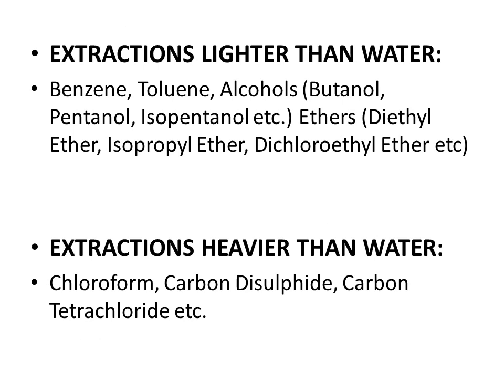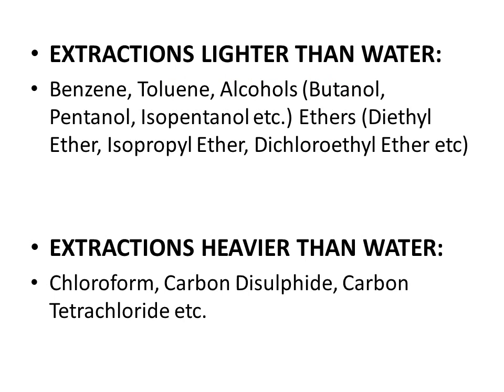In this slide we are going to discuss the densities of the two phases, that is, which solvent will form the lower layer and which solvent will form the upper layer. First, extractants lighter than water.